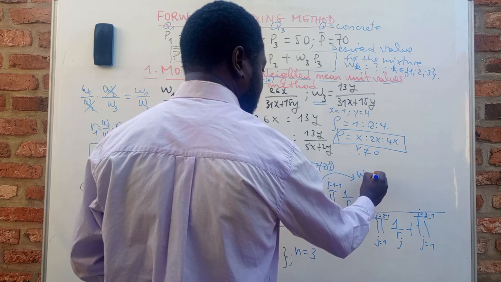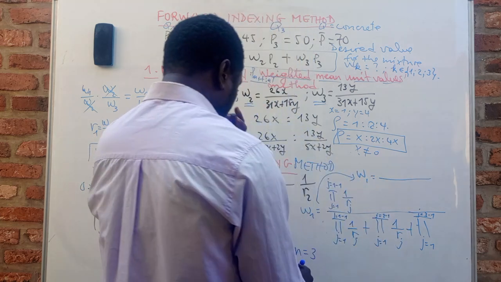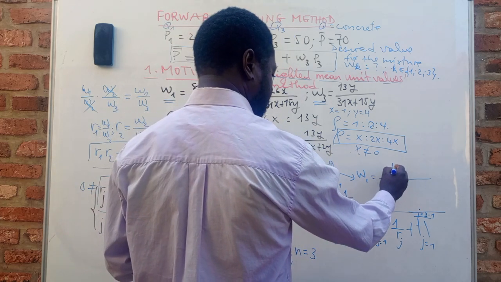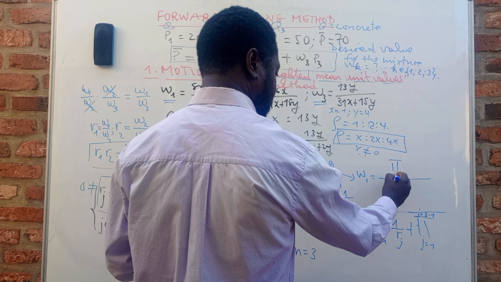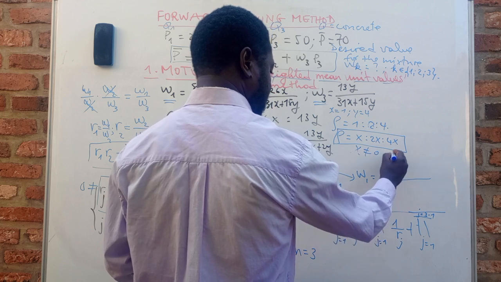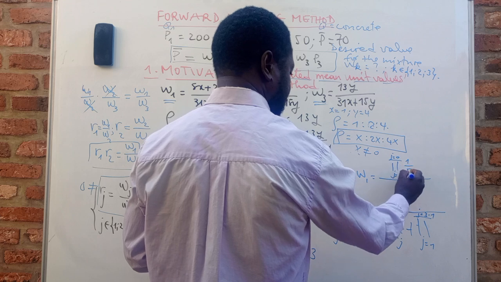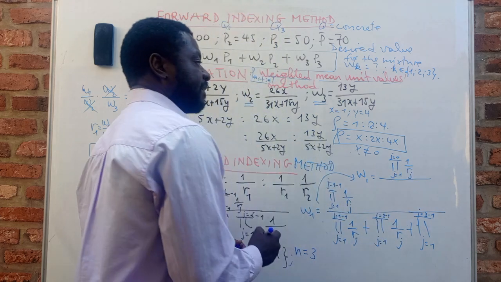Here omega 1 will be equal to this quantity, so it will be a product from j equal to 1 until j equal to 0 of the reciprocals of the ratios.